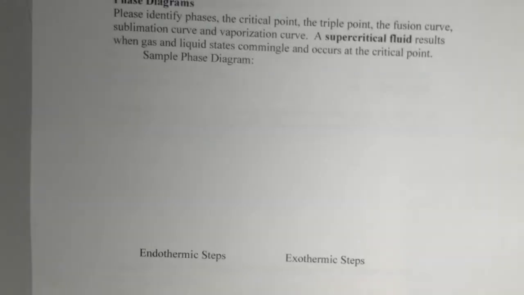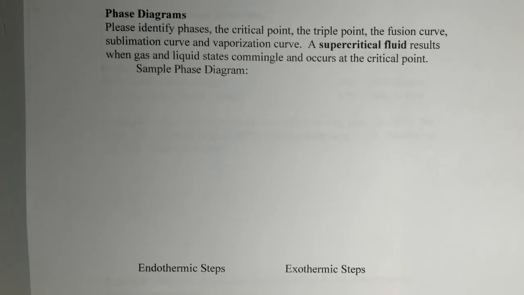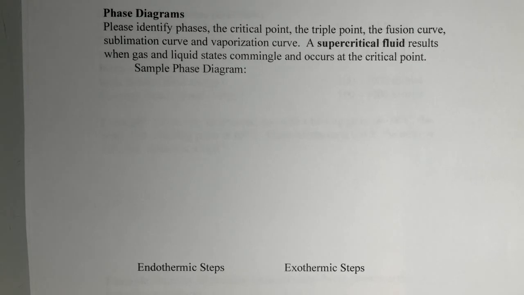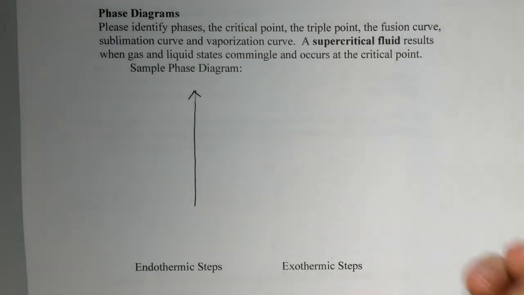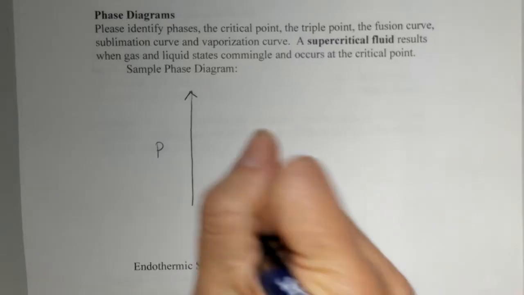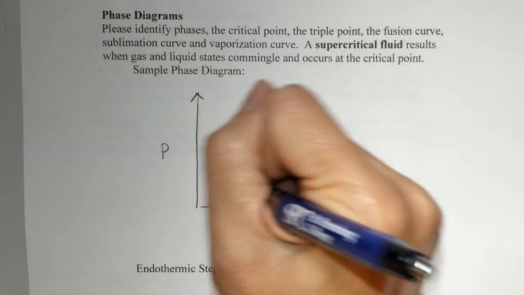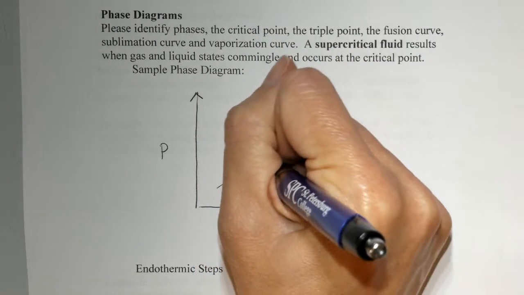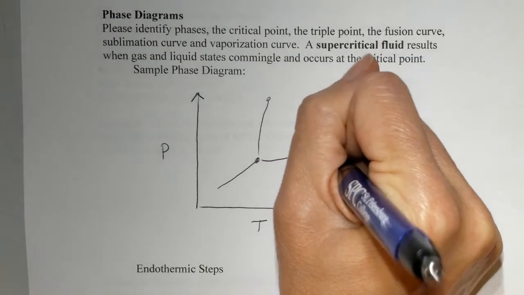All right. Then the phase diagram that I mentioned. Phase diagrams are different for different substances. Every substance has its unique phase diagram. If I look at my phase diagram generically, typically there's pressure and temperature, and you have a curve, you get to a point, you get another curve, and then another curve.